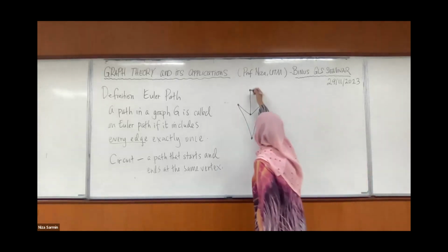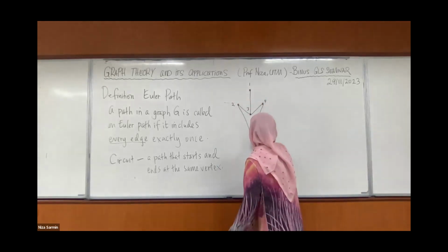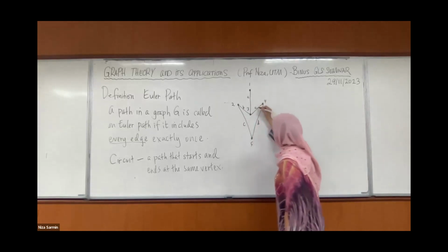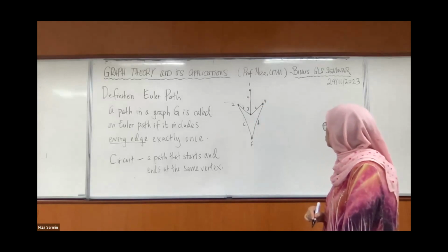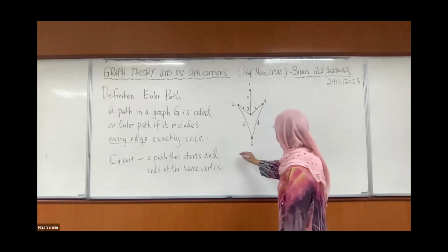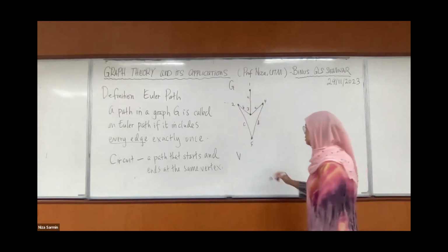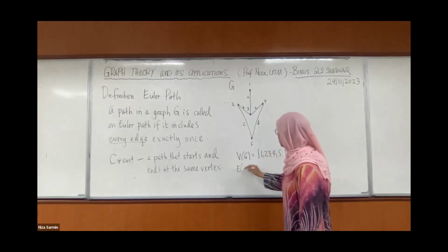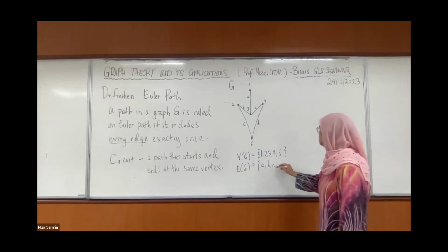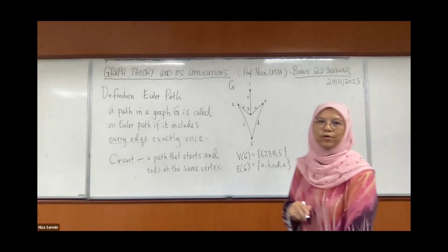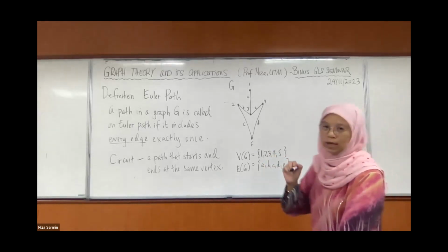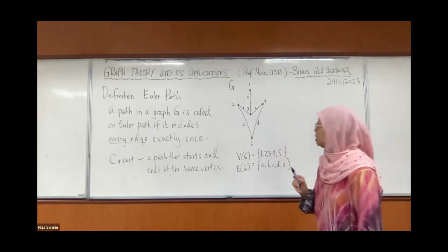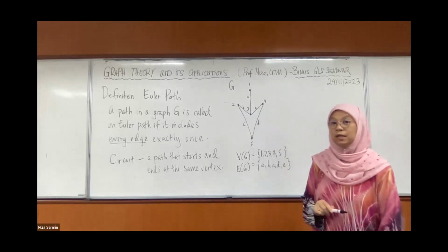Just call the vertices 1, 2, 3, 4, 5 and the edges A, B, C, D, E. Suppose this is a graph G. Vertices of G are 1, 2, 3, 4, 5 and the edges are A, B, C, D, E. Now you can write the degree of each vertex. 1 has degree 1, 2 has degree 2, 3 has degree 3, 4 has degree 2, 5 has degree 2.